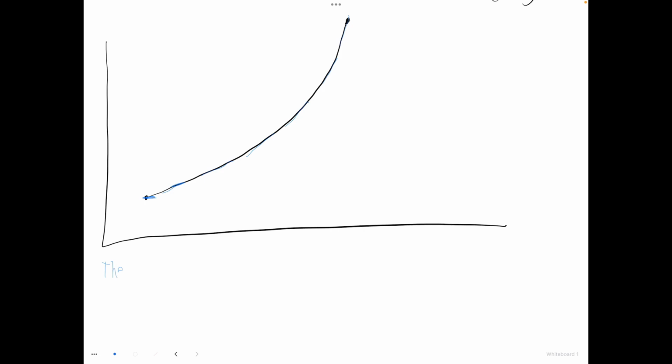So the slopes of the tangent lines are increasing when the graph is concave up, or in other words, f prime of x is increasing.